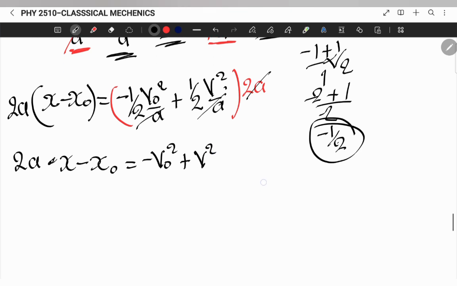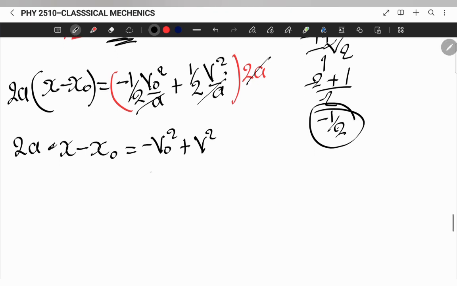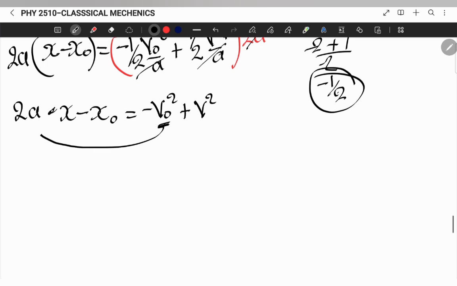Okay, so when we reach here, we can just do manipulation. If this crosses the equal sign, comes to this side, we're going to have 2a (x minus x naught) plus v naught squared is equal to v squared.